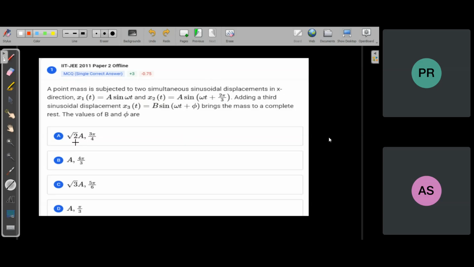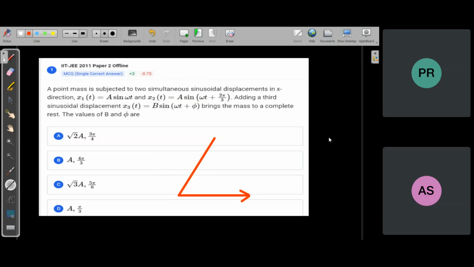Here you can treat these displacements as vector quantities. You can simply do the vector addition of the displacements, assuming there is a difference of phase, here omega t plus 2 pi by 3. Amplitude is the same, so if the first one is represented by a vector of amplitude a, the second one is also a vector of amplitude a, but the angle between them you will take as their phase difference.